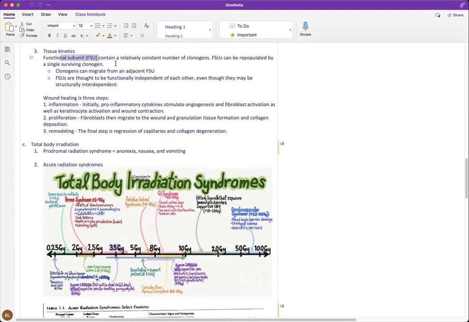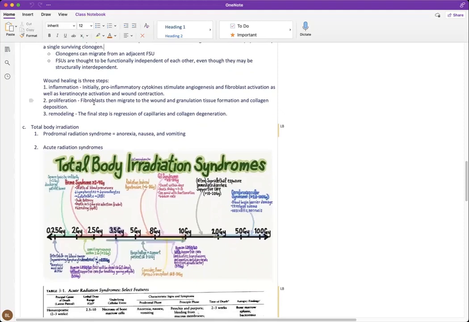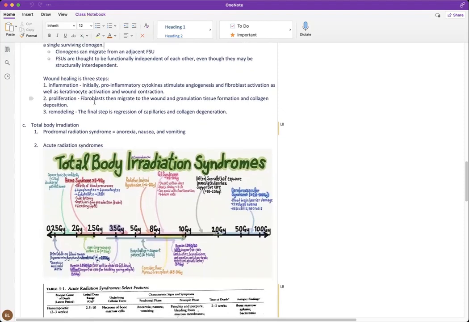It's organized in functional subunits, and functional subunits can be repopulated by surviving cells. Also, cells can migrate from a next door neighbor functional subunit. Wound healing has been described in 3 steps: inflammation, proliferation, and remodeling.